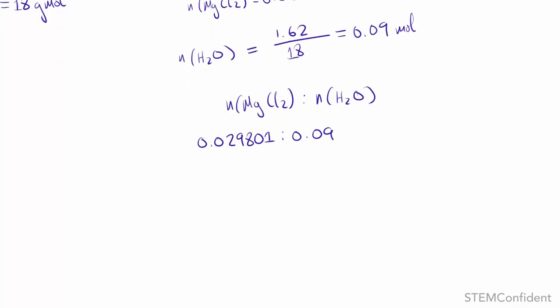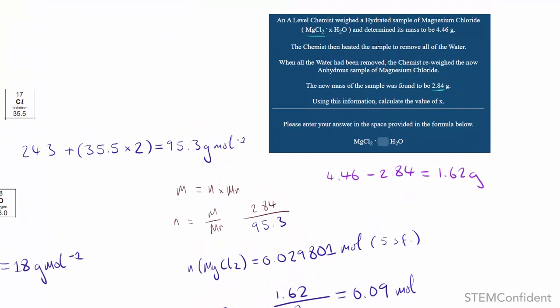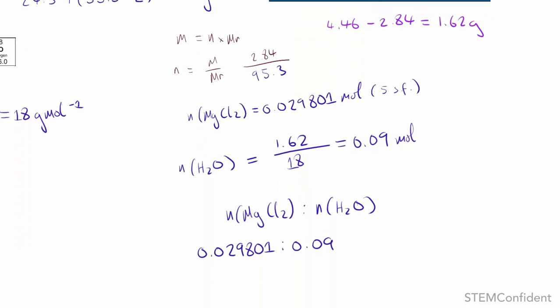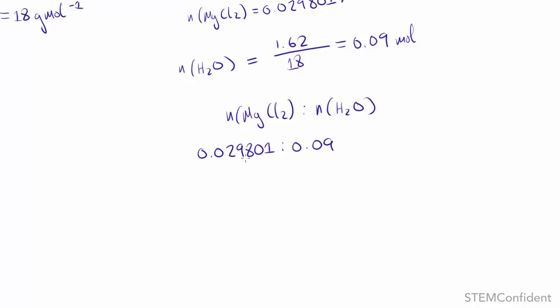And what we need to do to progress is bear in mind the fact that we can infer that the coefficient here for MgCl₂ is 1. Obviously it's not written there, but the coefficient is 1. So what we want to do is try and get the number of moles on the left hand side, which correspond to the MgCl₂, to 1.